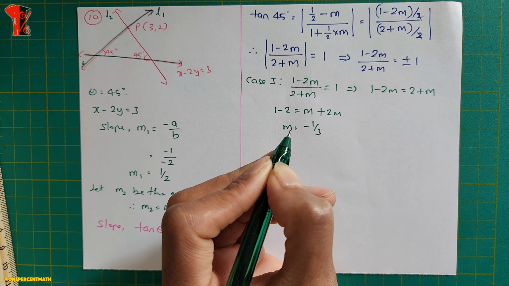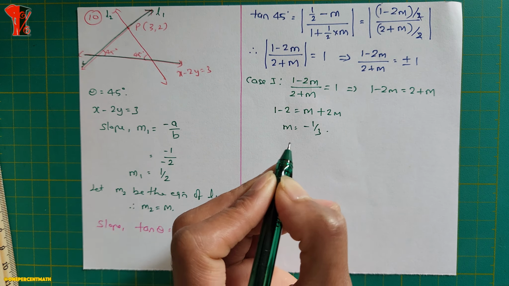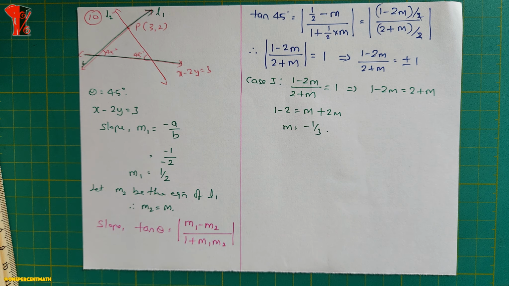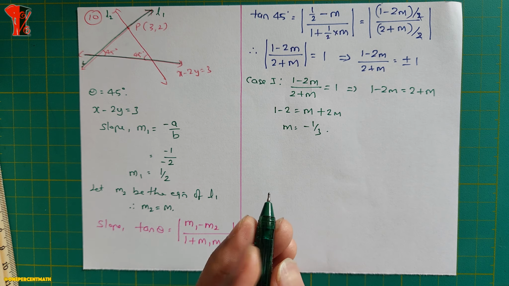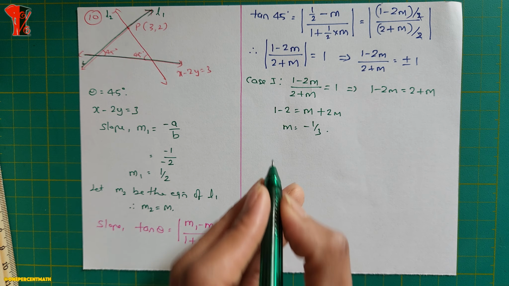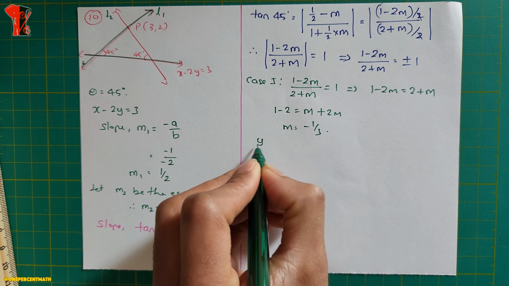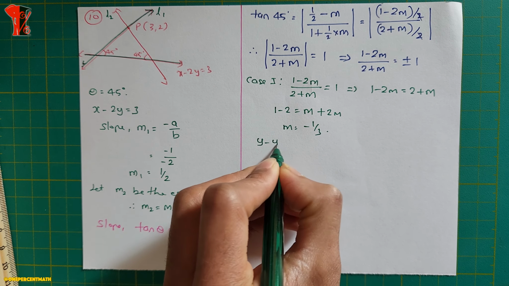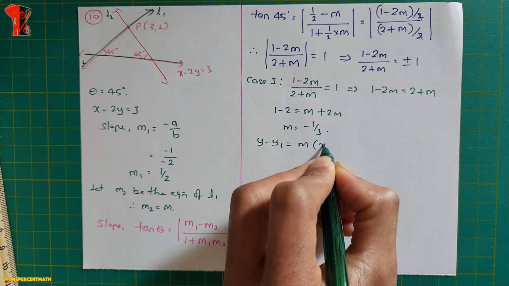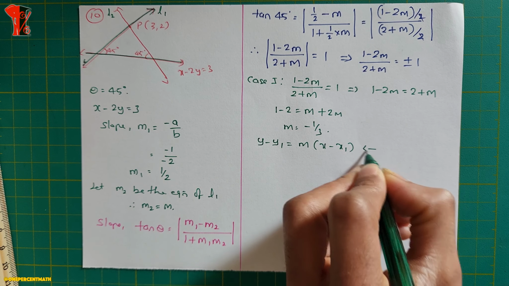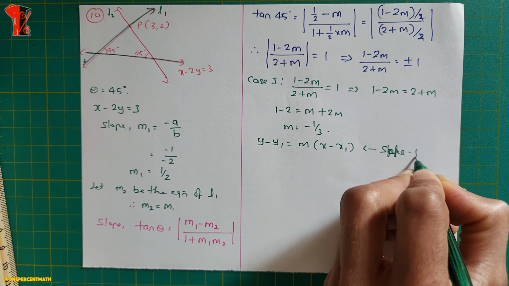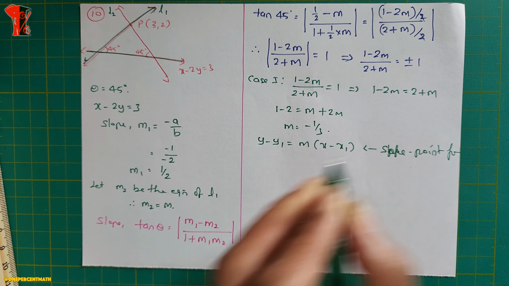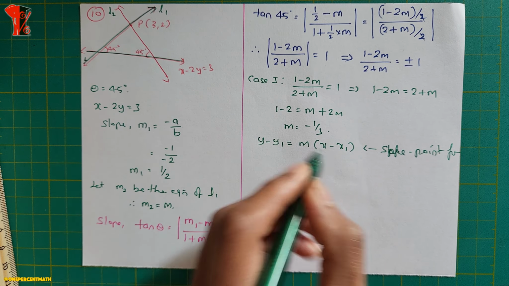Okay, so now let us solve it. Now the slope we got, correct? And the point we already know. So putting this slope in the equation. Which equation? Slope point form. What is slope point form? y minus y1 is equal to m into x minus x1. It is basically called the slope point form. Okay, so what are x1 and y1?